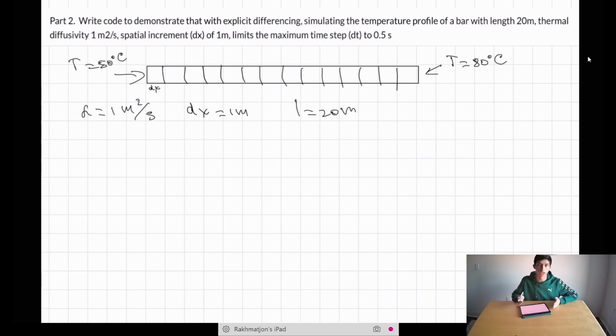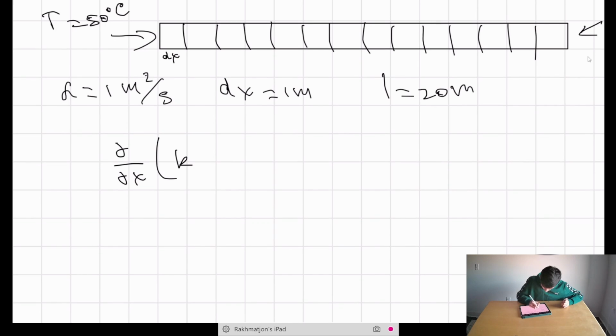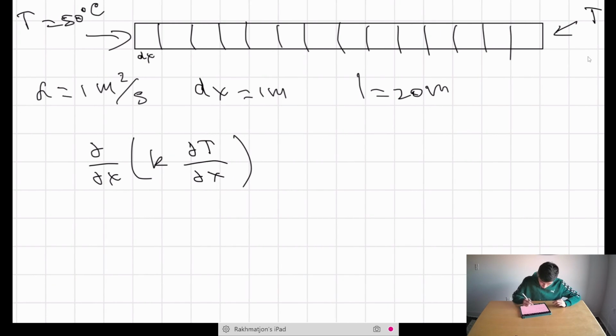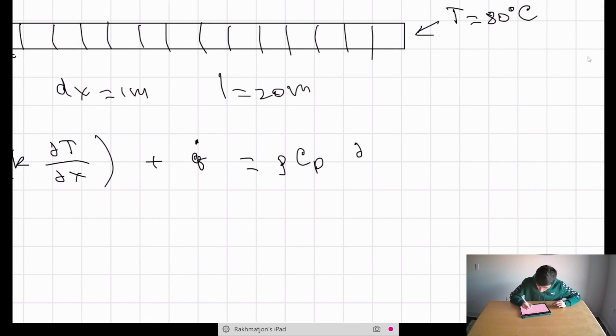So using the equation we derived in our first problem, the heat diffusion equation is the derivative with respect to x of k times the derivative of temperature with respect to x, where k is the constant thermal conductivity, plus the heat generation is equal to rho Cp times the small change in temperature over small change in time, right?